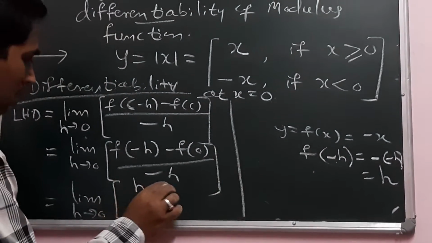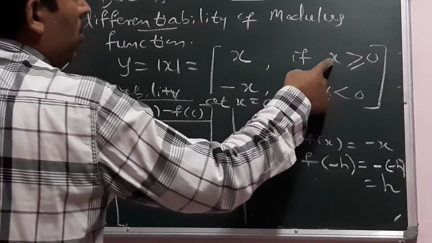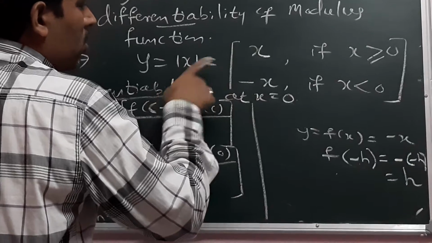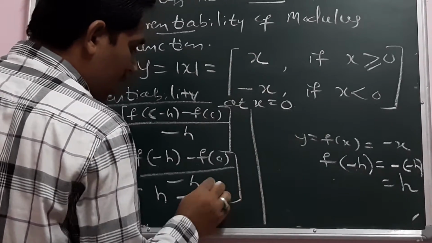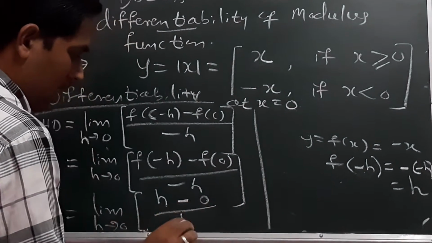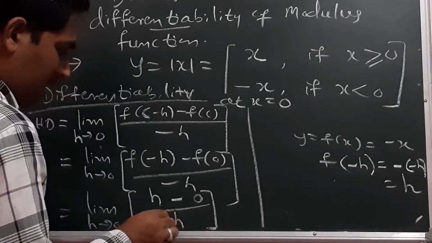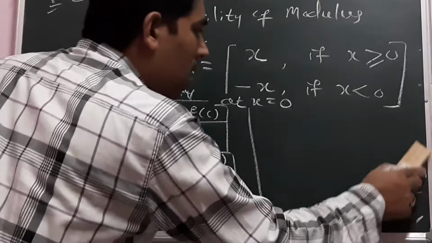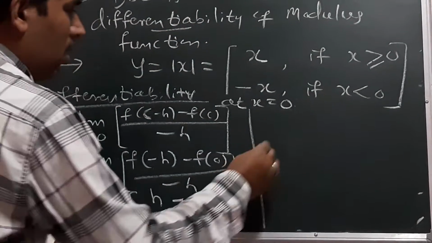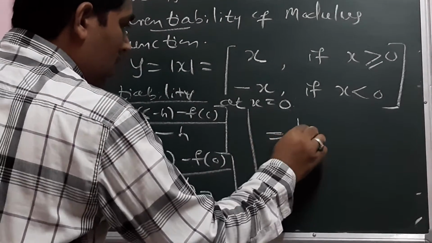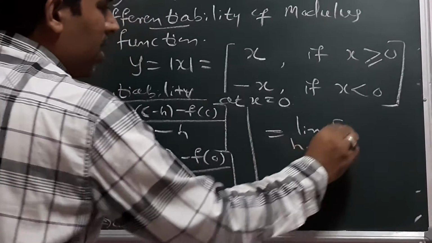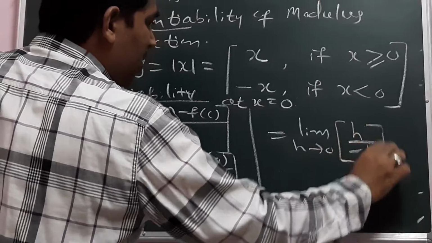So h minus f of 0. What is the value of mod x when x is equal to 0? Mod 0 means 0. So what is the value here? 0 divided by, I will write minus h as it is. So next, limit h tends to 0. h minus 0 is h, divided by negative h.